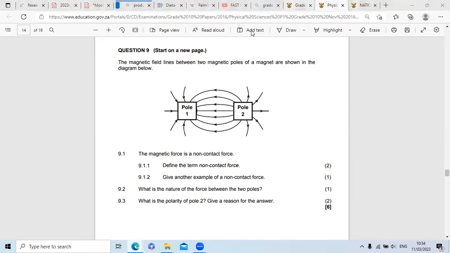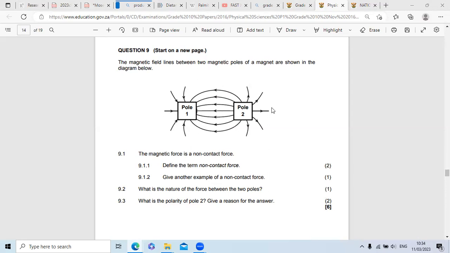Okay. So I'm just gonna ask you the question. They say the magnetic field lines between two magnet poles of a magnet are shown in the diagram. And as you can see, you can see the directions of the magnetic field and the poles that are given.